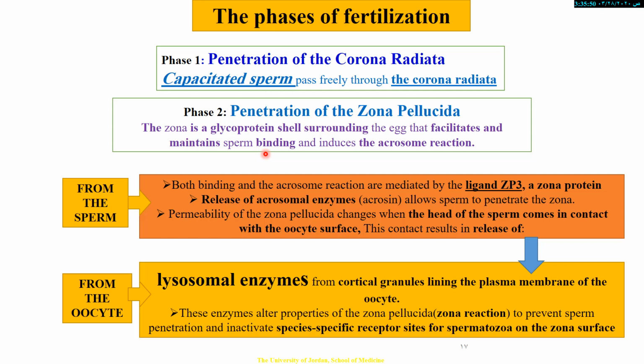Now this is very interesting. I just mentioned minutes ago that the zona pellucida is a wall, and by default a wall prevents sperm from getting inside the oocyte. However, you need to understand that the zona pellucida has more functions than this. The zona pellucida in fact facilitates.